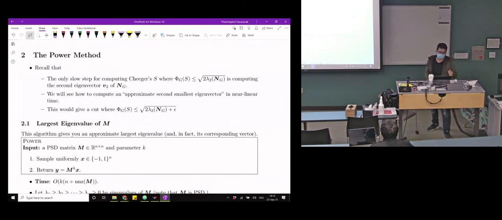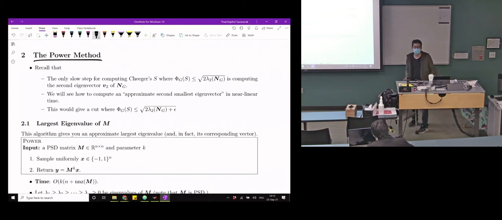So, next topic, power method. This is going to be important. It's going to be a fast algorithm and a very simple one. Nice to know. Okay, so recall that in the proof of getting a Cheeger cut, the sparse cut from Cheeger inequality, the only slow step is to get the second eigenvector. Now we're going to see how to get an approximate one, but fast.